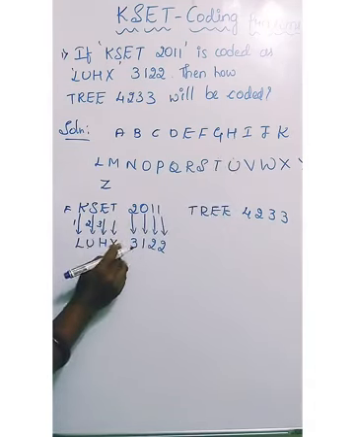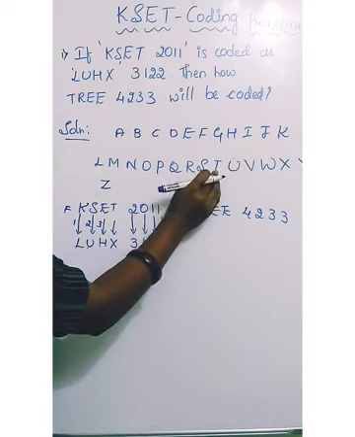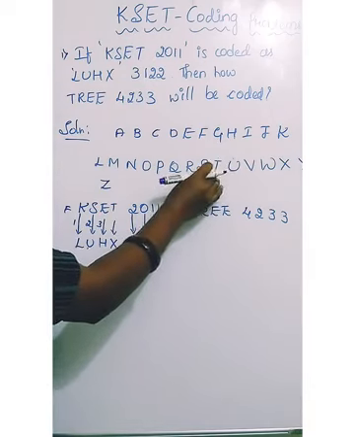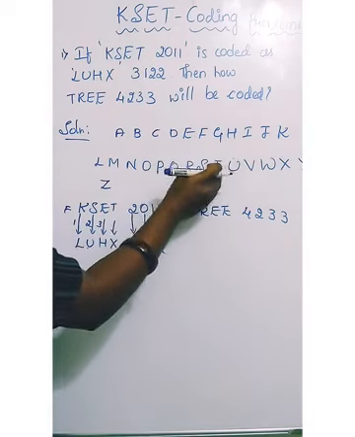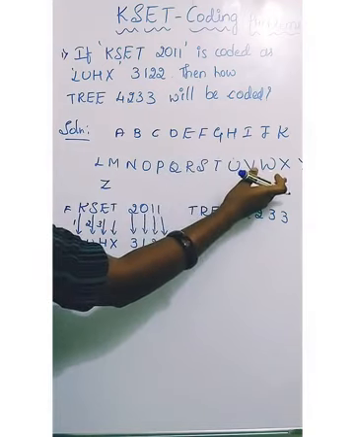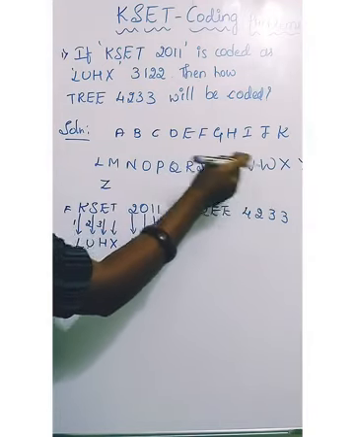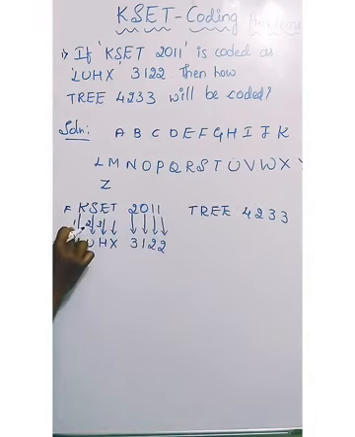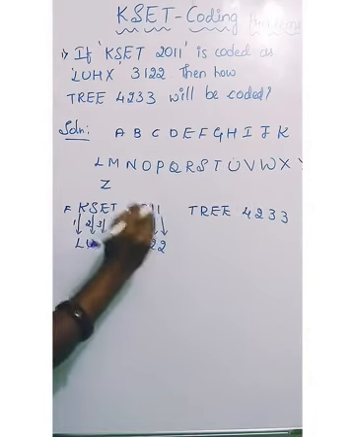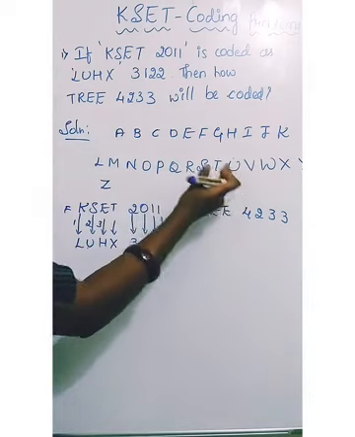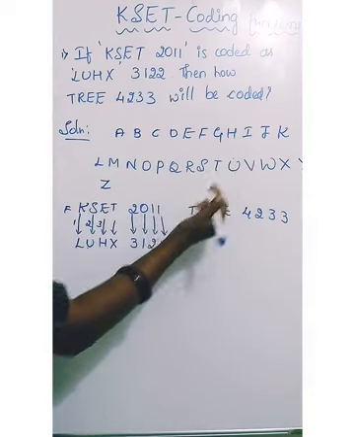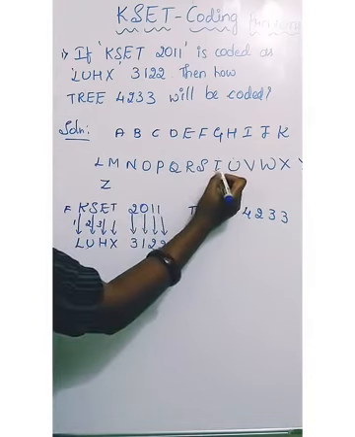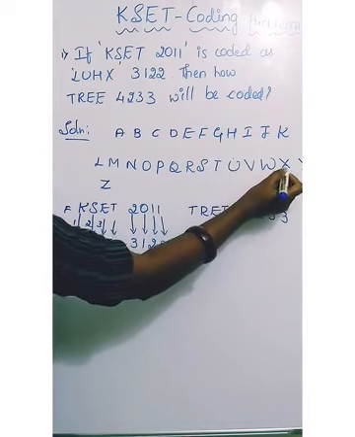Then after D, X comes. Here we should leave the given letter and count excluding it. If you count including that letter, it would be considered 2, 3 like that. I am taking it excluding the given letter. So here, D after X: 1, 2, 3, 4.